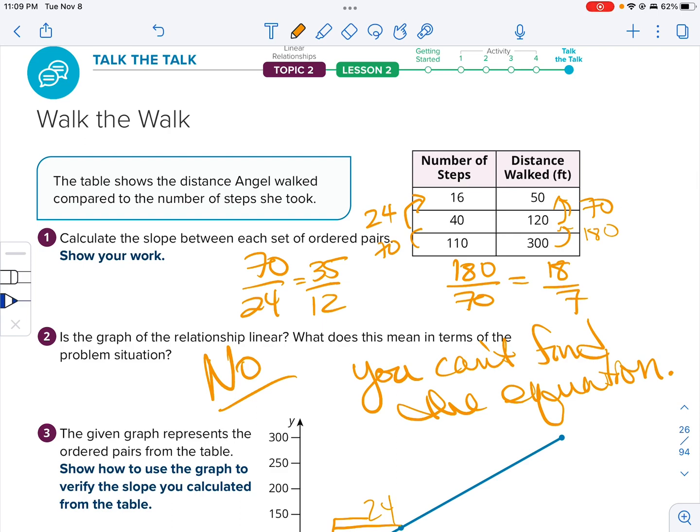I don't think I did it right. 35 divided by 12 gives me 2.9166 going on forever and ever, divided by 7. 300 minus 50. 250. 110 minus 16. 94. 250 divided by 94.